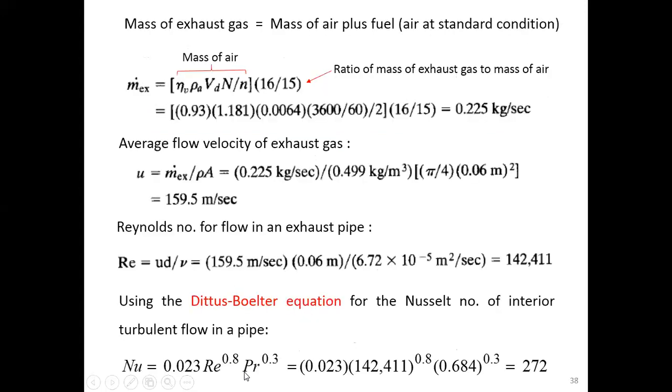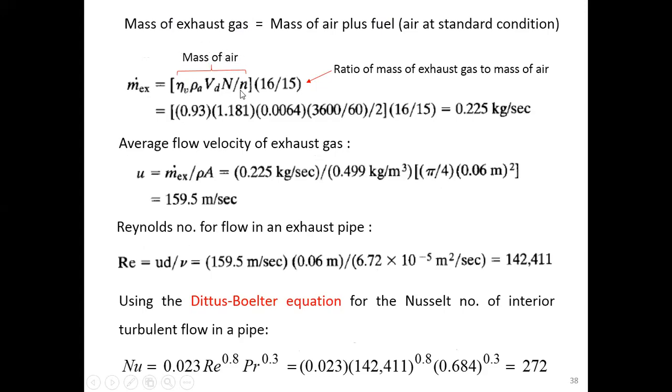How about the mass of the exhaust gas? The mass of the exhaust gas, we can get it from the mass of the air plus the mass of the fuel. So we can make use of the mass of the air first.